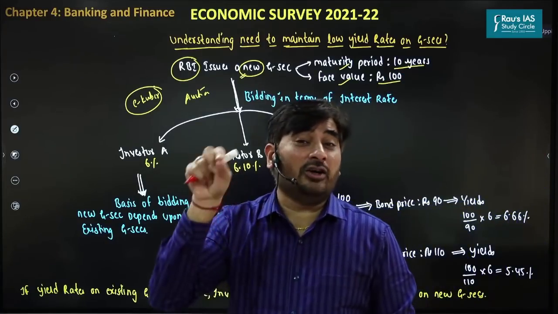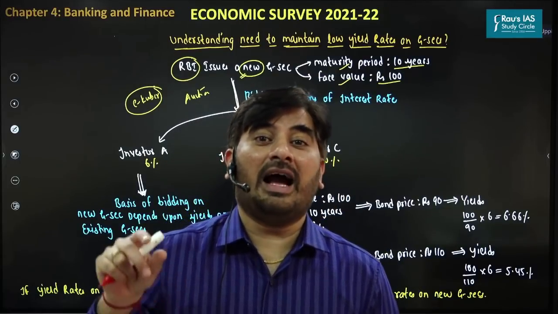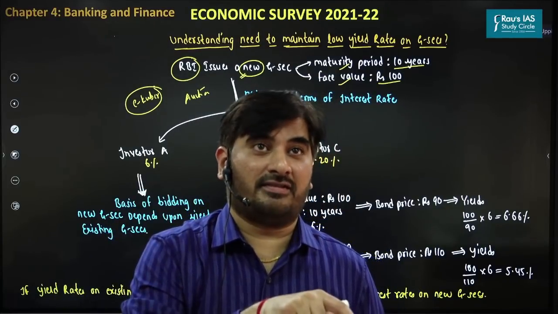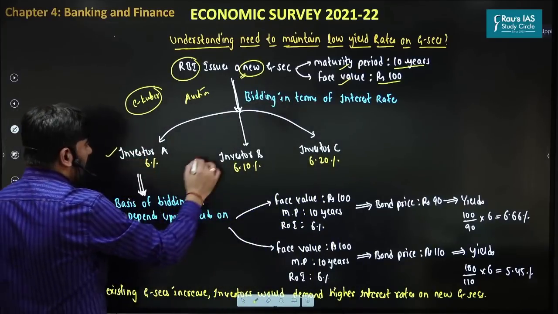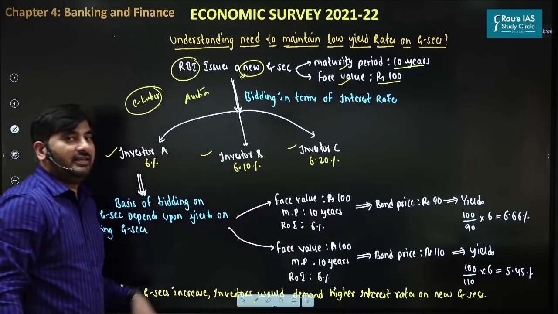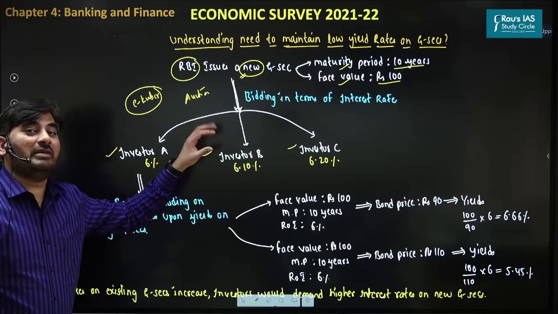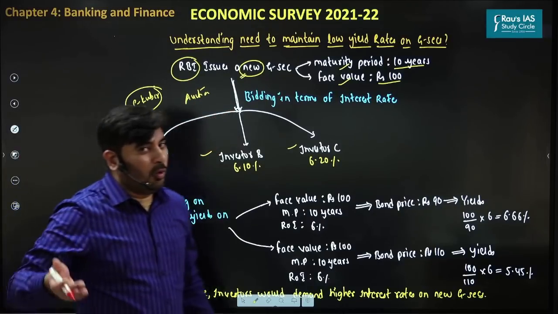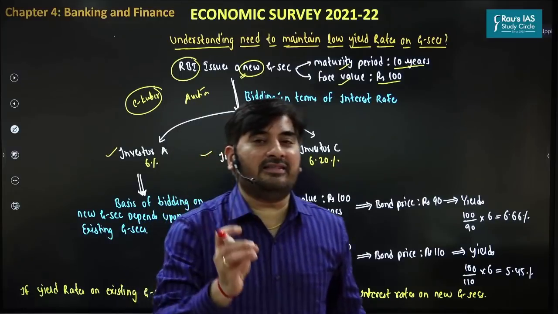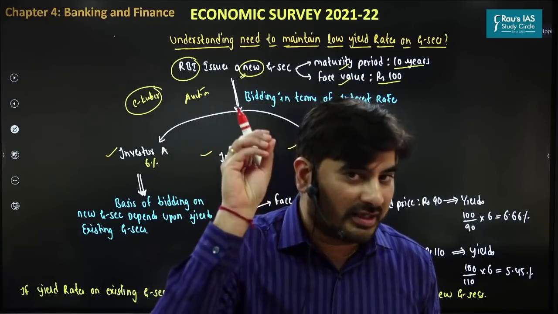As far as the rate of interest on the government security is concerned, the RBI will invite bids from the investors. So you have, say, 3 investors: investor A, investor B, and investor C. These investors will be required to place the bids in terms of how much interest they are expecting. The logic is very simple. Whoever is asking for the least rate of interest, such an investor will be given the government security.